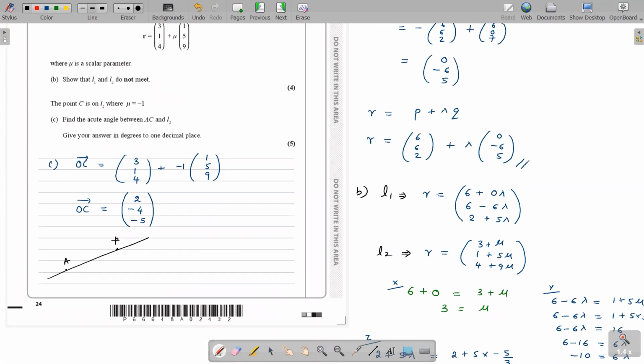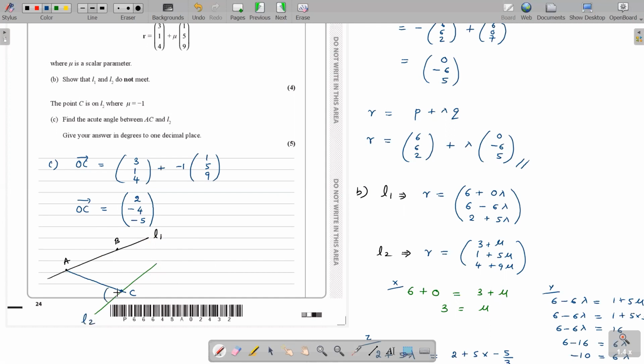AB was on line 1. Line 1 and line 2 don't meet, but we are talking about 3D lines here. So even if I draw it with a different direction, one line can go above, the other can go underneath, right? Then the point C is on line 2. And they want the acute angle between AC and line 2.